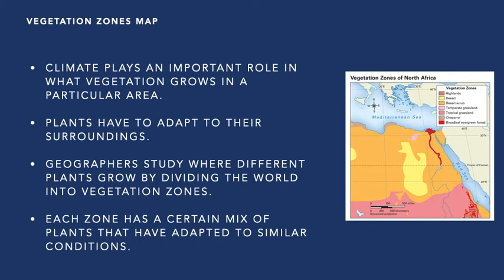So we can see, based on our key, that this part of North Africa has highlands and desert scrub and temperate grassland and tropical grassland and two others. So a vegetation zone map is going to show you what type of vegetation is in that particular area.